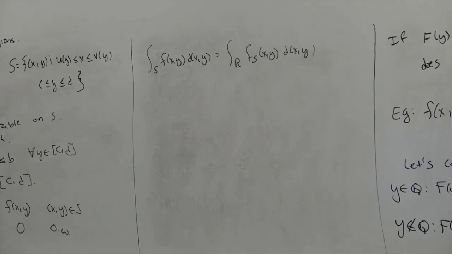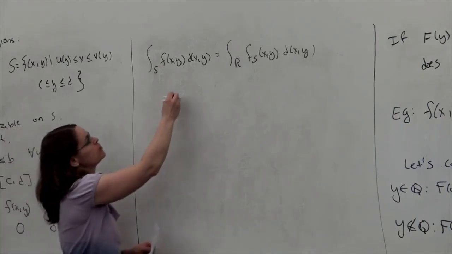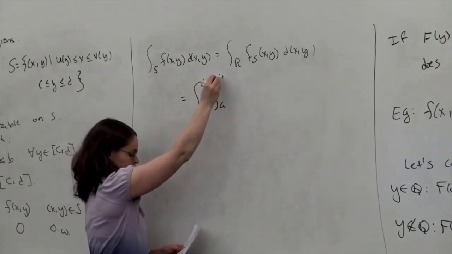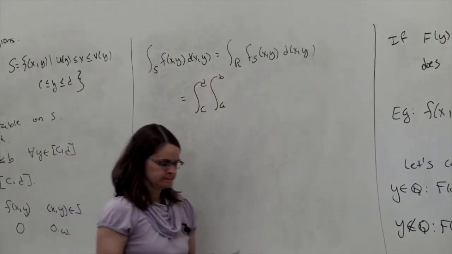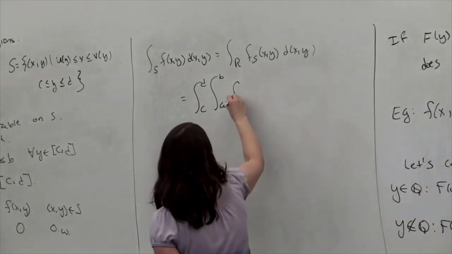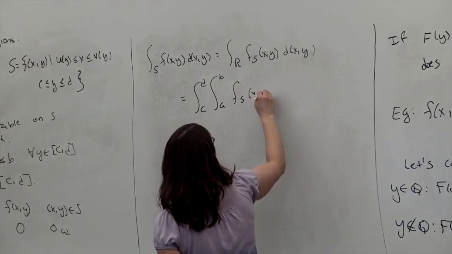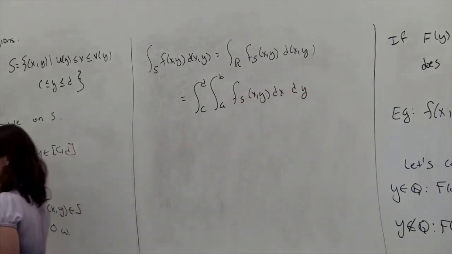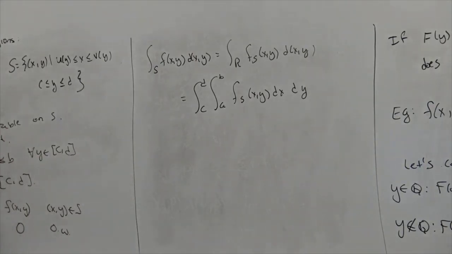But now we can use Fubini's theorem on this guy. So this, by Fubini's theorem, is the integral over a rectangle of this guy, as long as our component integral exists.